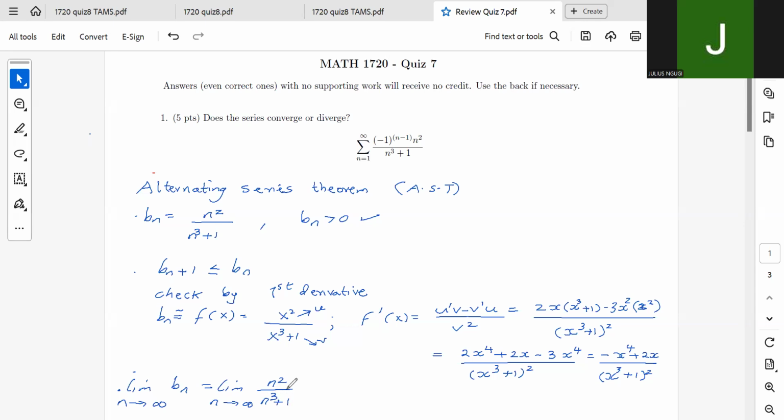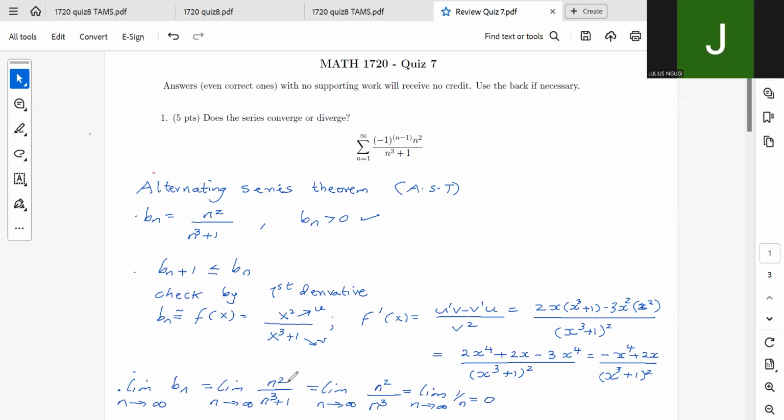What interests us here is the end behavior of this function, and it is seen clearly by checking the highest power of n in the numerator divided by the highest power of n in the denominator. This becomes 1 over n, and as n grows, 1 over n goes to 0.